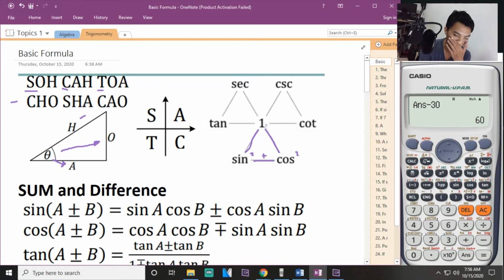Triangle lang na buo niya. Ganun yun. So, tangent squared plus 1 is equal to secant squared. Triangle ulit yun. So naman, 1 plus cotangent squared is equal to cosecant squared. Triangle na naman. So, ganun lang siya na bubuo.